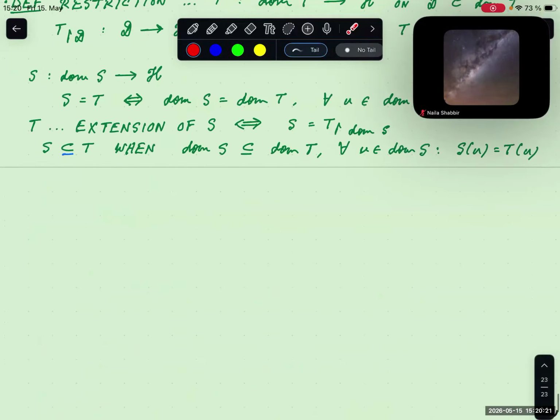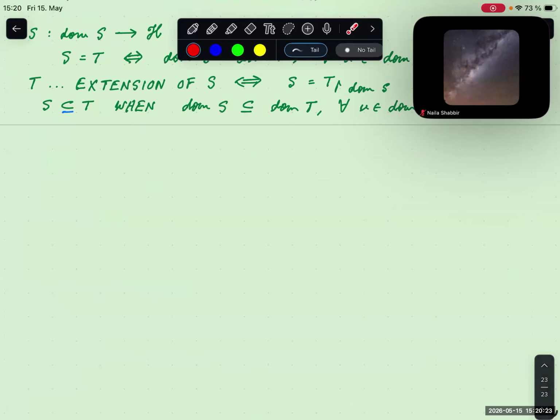Now, if we go for bounded operators, and remember we have a separable Hilbert space, so that means we have a nice orthonormal basis. There is a slogan in theoretical physics that operators are like matrices.